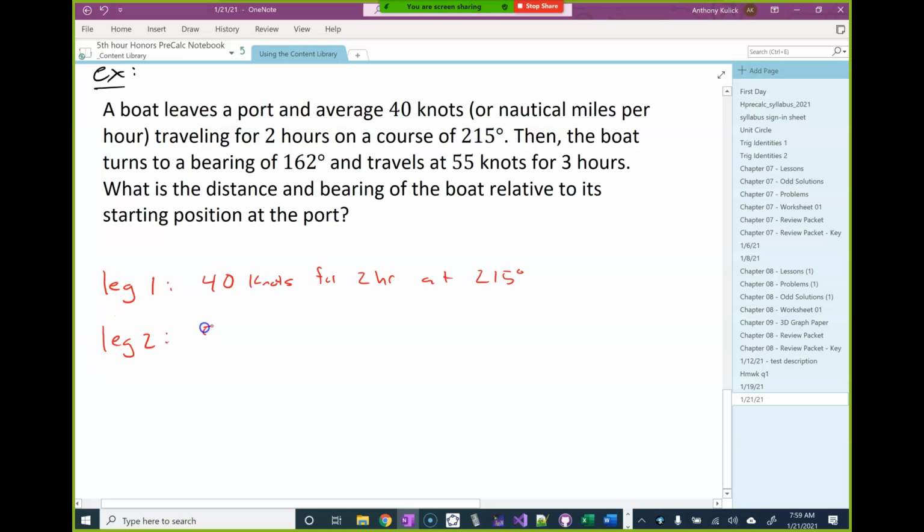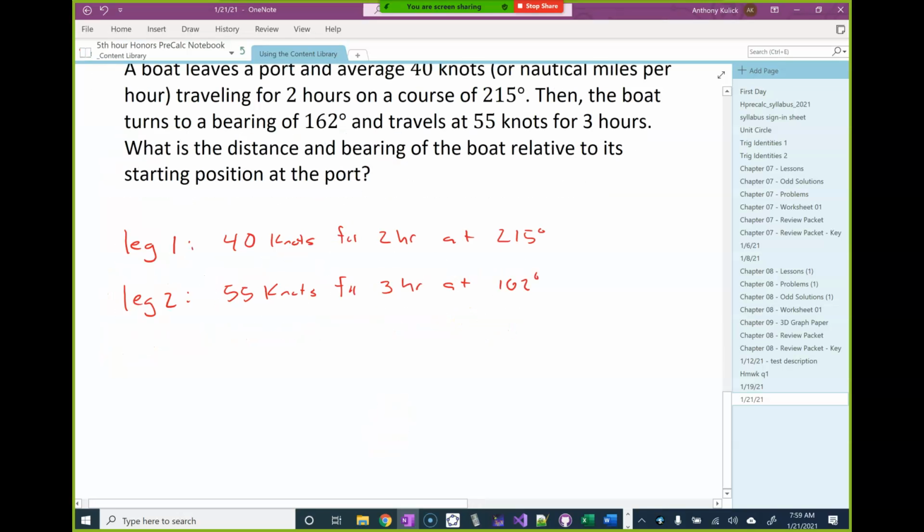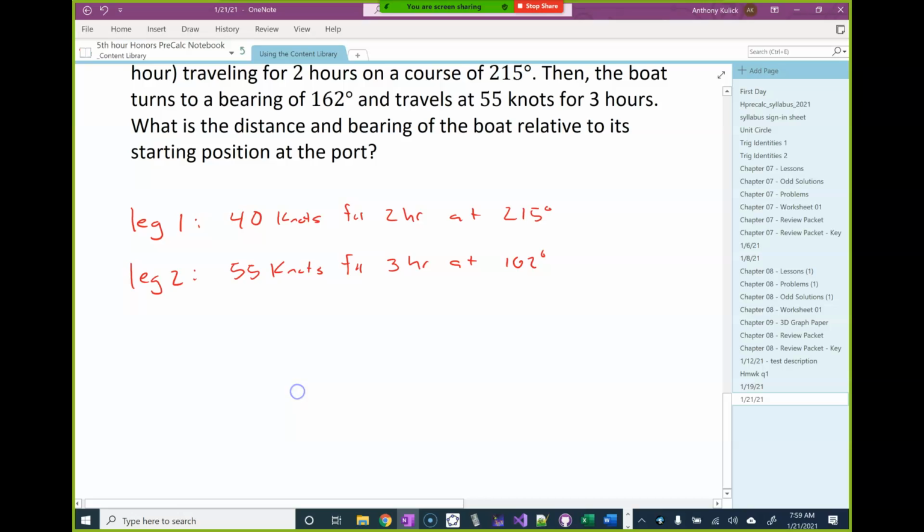And the second leg is 55 knots for 3 hours at 162 degrees. What I'm going to do is start by converting these into vectors. So first thing first is that I need to convert these bearings into standard position angles.